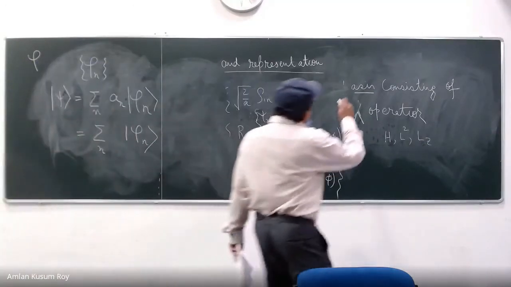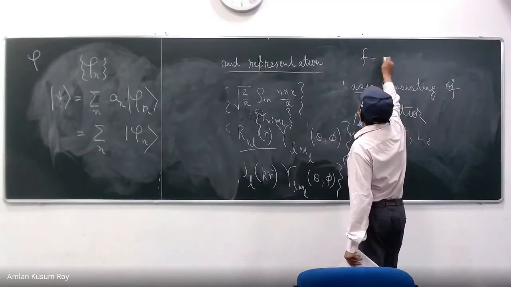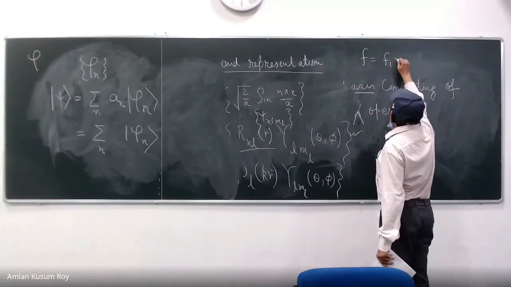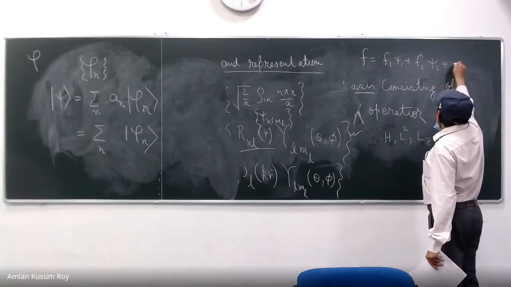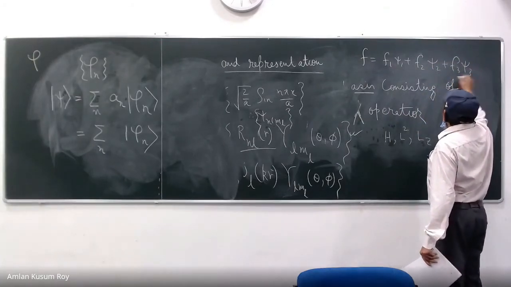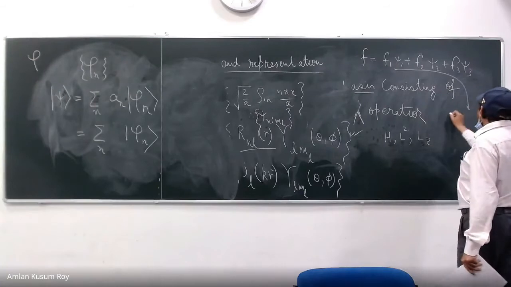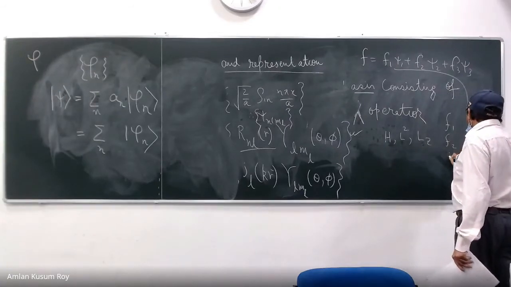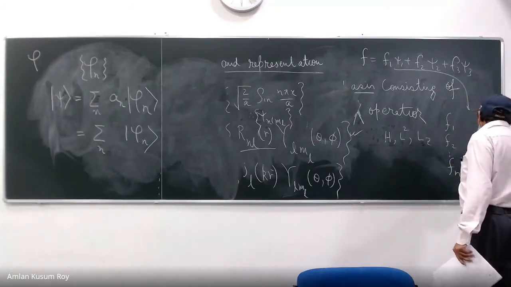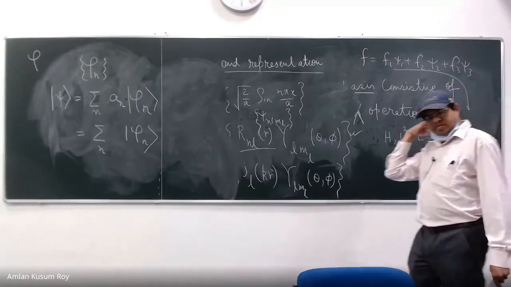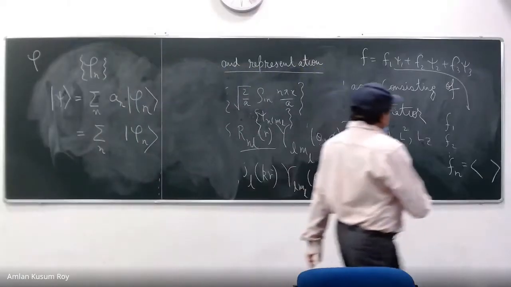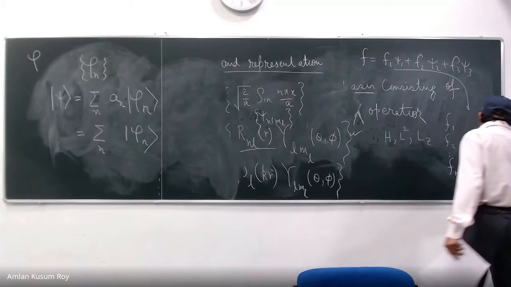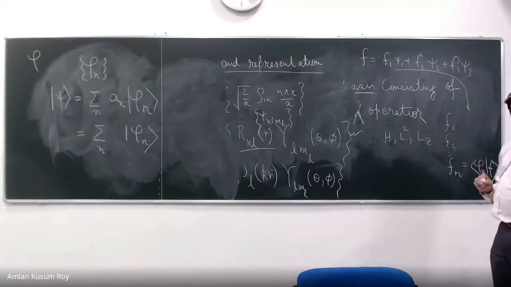Remember when we wrote this expression, F is equal to F1 psi 1 plus F2 psi 2 plus F3 psi 3. We found an expression for F1. Remember? F1, F2, and Fn. We generalized that. What is that expression? Psi 1 star F, psi n star F. So, psi n, right?